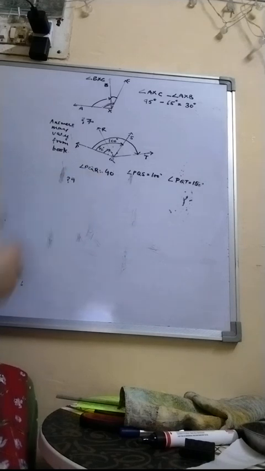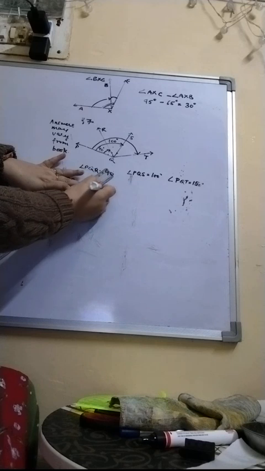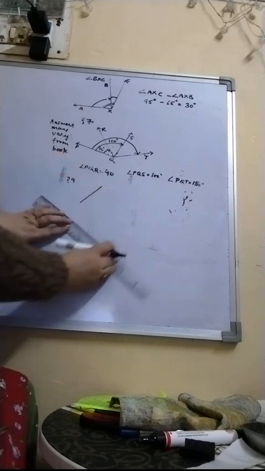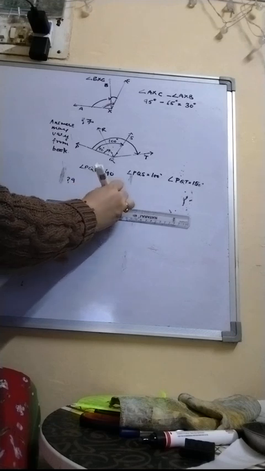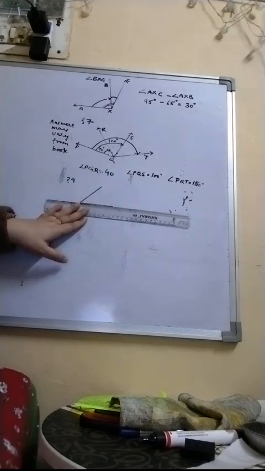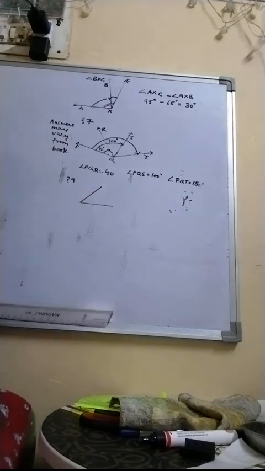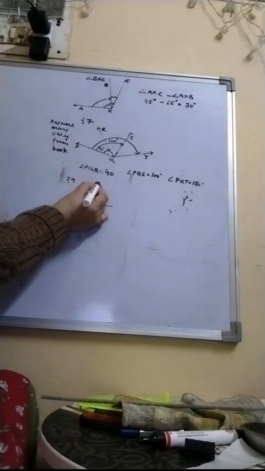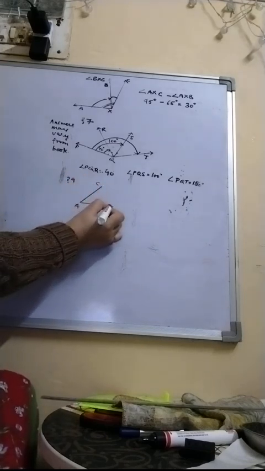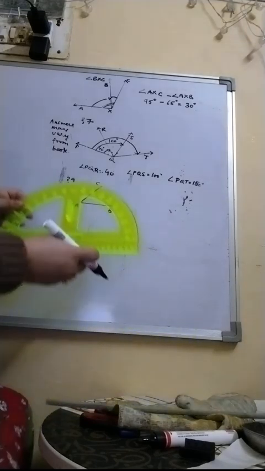Question number 9. We have got a triangle here. So 1 line, 2 lines I have drawn of a triangle. So first let's mark it. This is C, this is A, this is B. Okay, so measure this angle CAB.